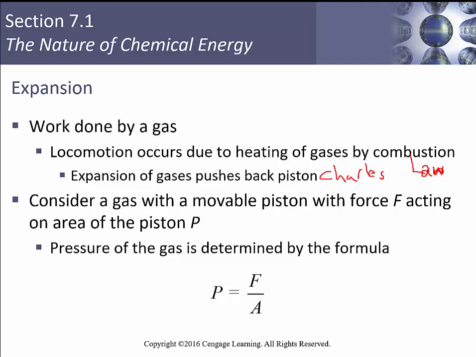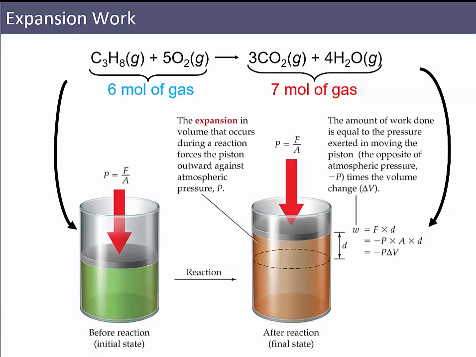Or spinning a turbine. So consider a gas with a movable piston with a force F acting on the area A of a piston. Well, remember our pressure is going to be force per unit area. So if we've got an expansion process, before we've got this green state down here, and then it goes boom, or our gas gets hot, and the gas expands.